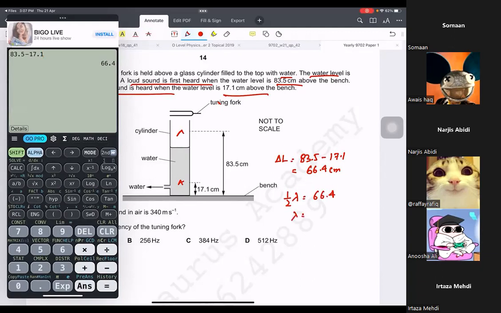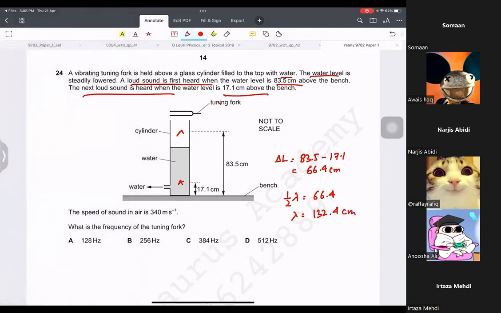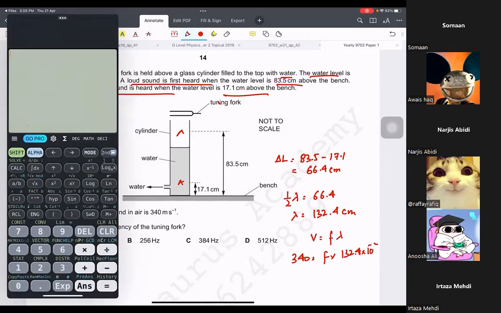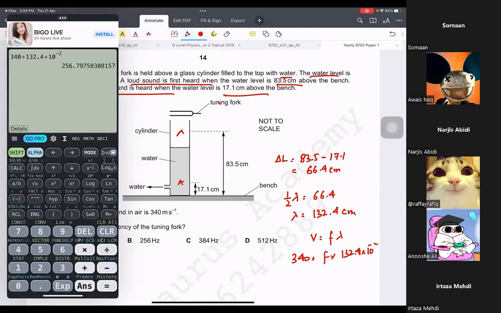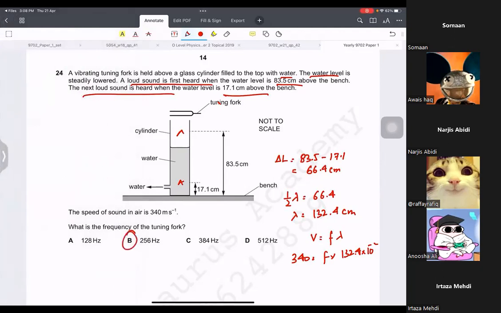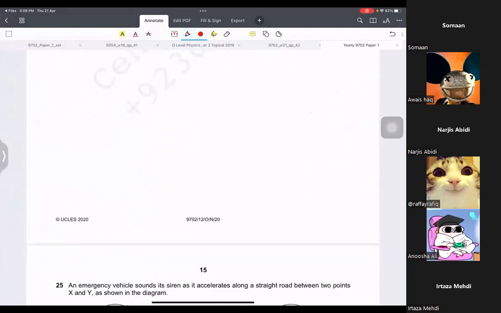So lambda will be 2 times 6.4. Okay, now we have speed and we want to find frequency. We convert this to meters. 256. This has to be the answer. Very easy.